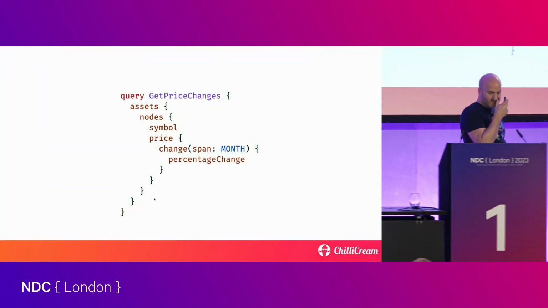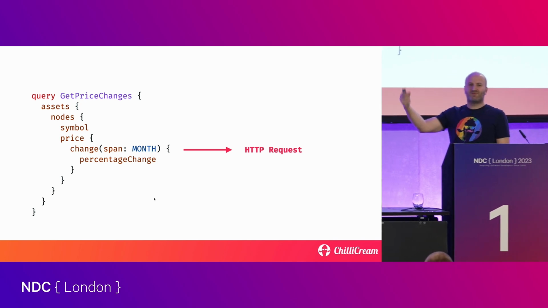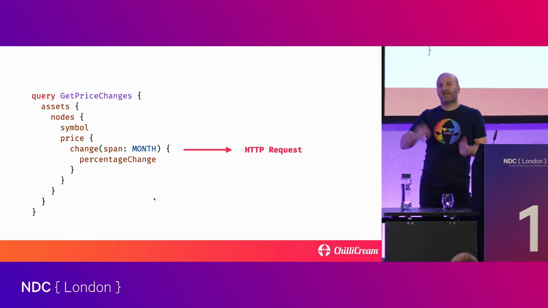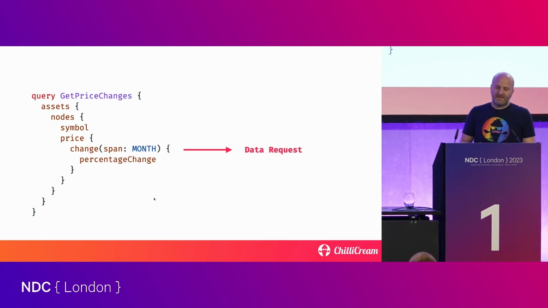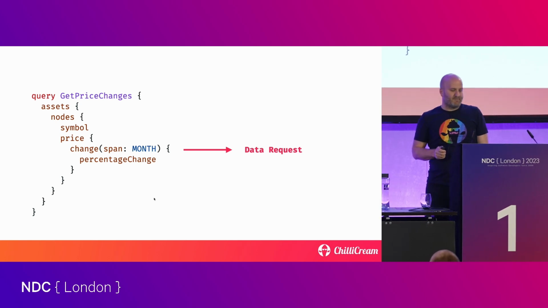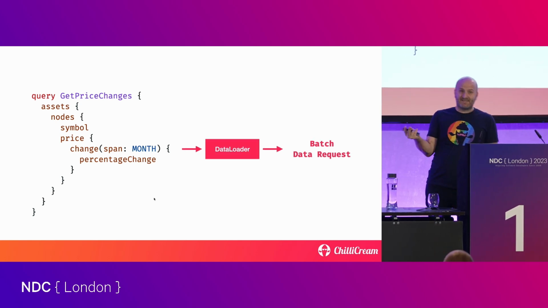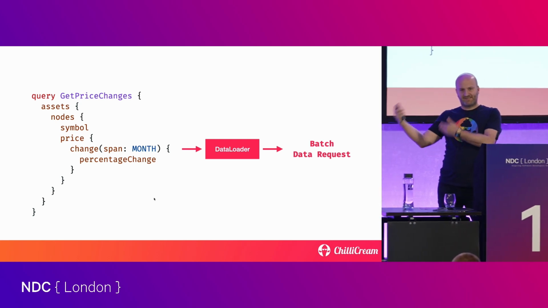So what does a DataLoader do? When we fetch this change field, we are doing a REST request here. And we're doing a REST request 10 times now, and that is super inefficient. So they came up with something that they originally called preparable. But nowadays it's called DataLoader, and it allows us to batch request data.